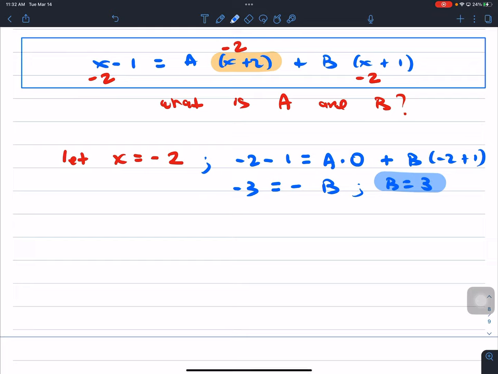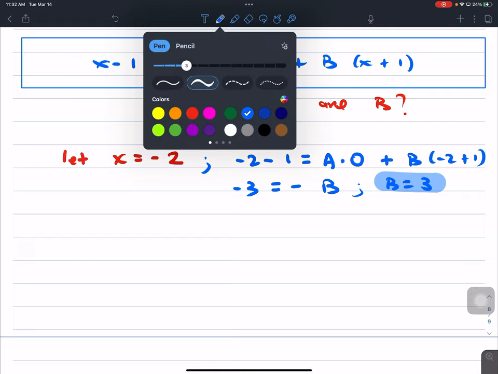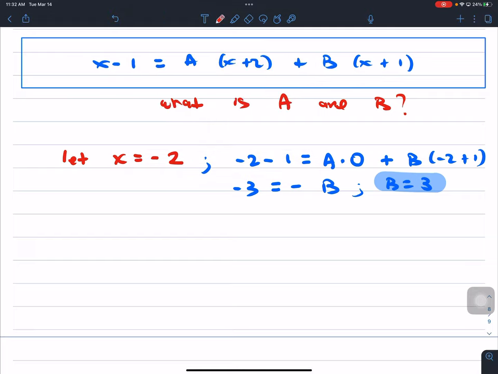Easy peasy lemon squeezy. How do you get A now? Well, go to the next linear term. How do I make that term 0? If you let x be negative 1 now, don't you get this term to be 0 here? Is that true? Well, let's see.